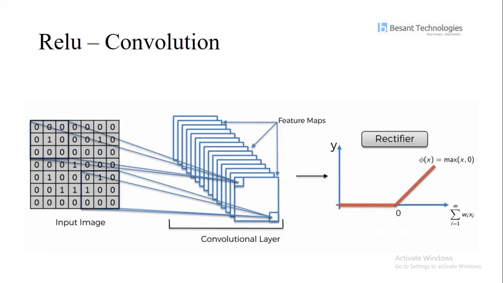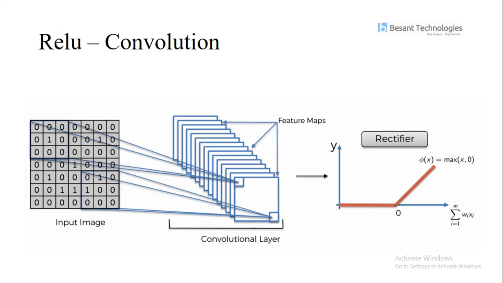Now ReLU, that's applied on top of the convolution. We are going to apply our rectifier in our convolutional layer. Each and every input image is applied with your feature detector, and the feature detector will produce one feature map output. So the group of feature maps is your convolutional layer.